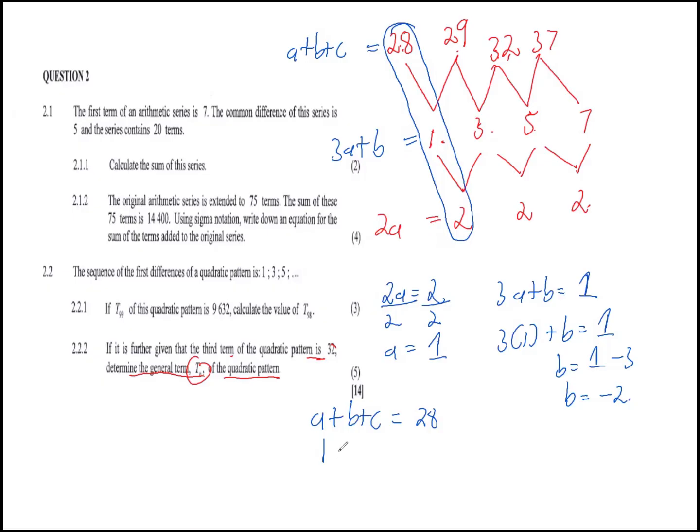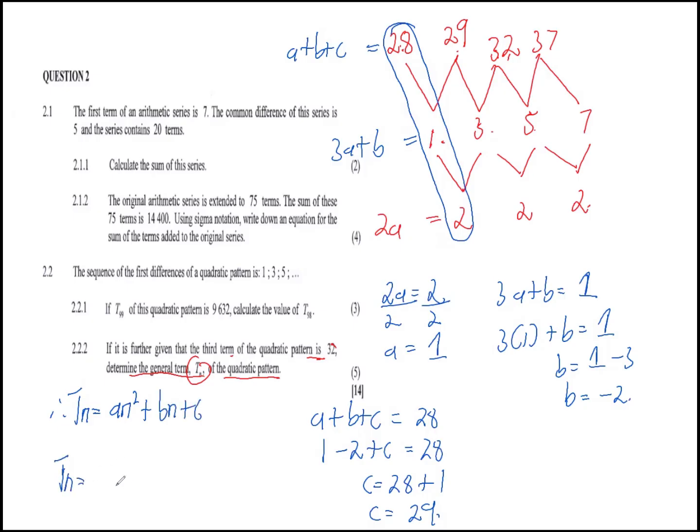So that's 1 minus 2 plus c is equal to 28. So 1 minus 2 gives me negative 1. So c will be 28 plus 1 now. So c is equal to what? 29.